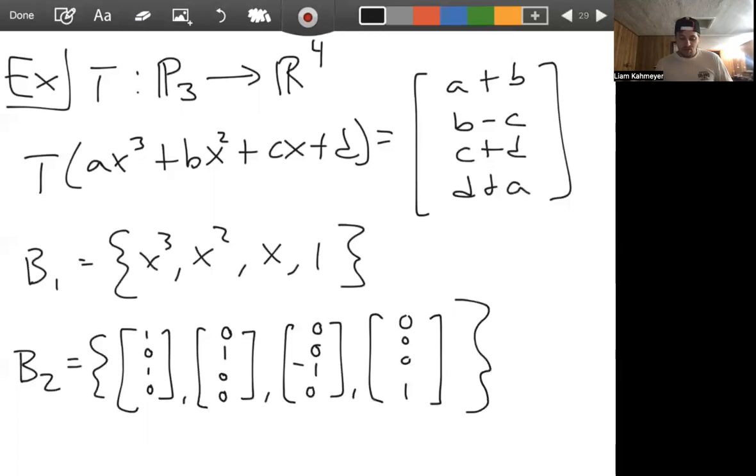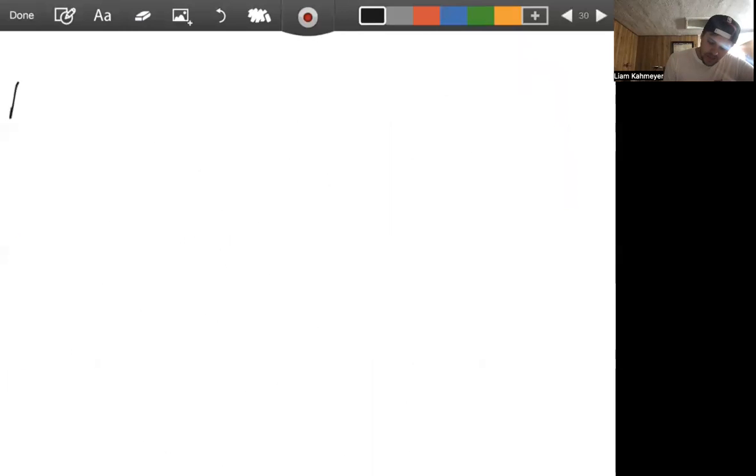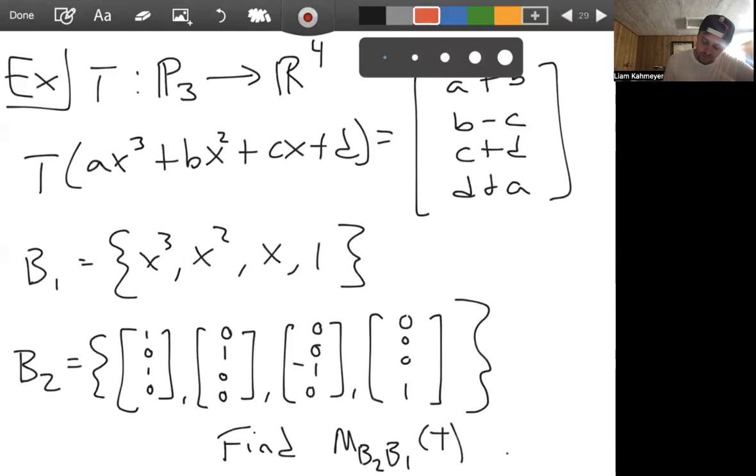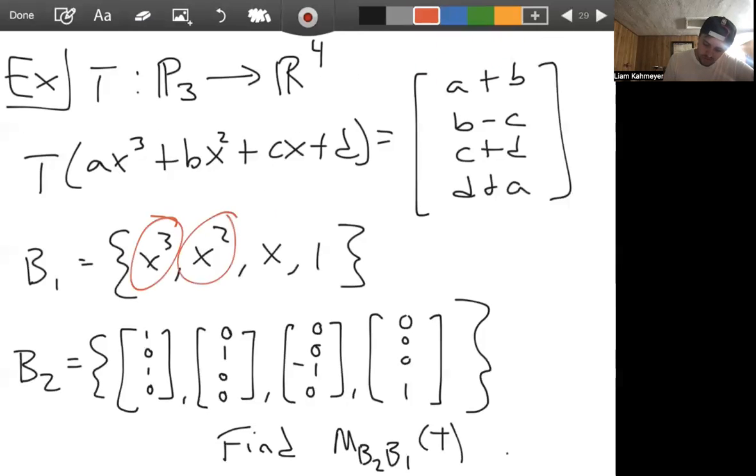Cool. And so we want to find M_B2,B1(T), the matrix that represents this transformation from polynomials of degree at most 3 to 4-dimensional Euclidean space. Well, what do we need to do? We know that M_B2,B1(T) is going to be equal to the matrix composed of column vectors C_B2 of T of x cubed, because we're looking at basis elements of B1, so that's B1, B2, B3, B4.